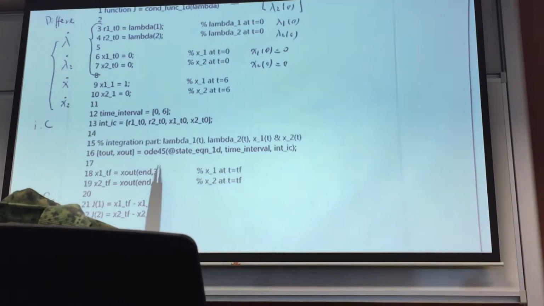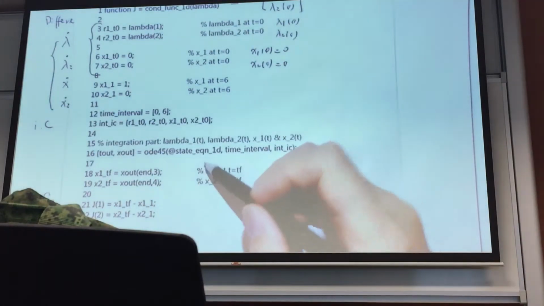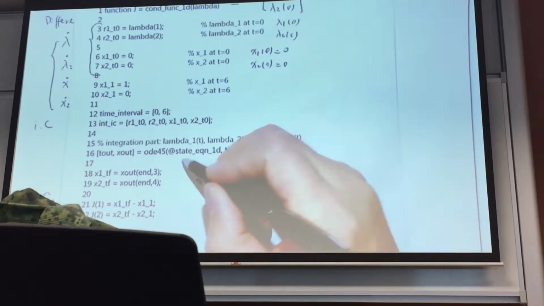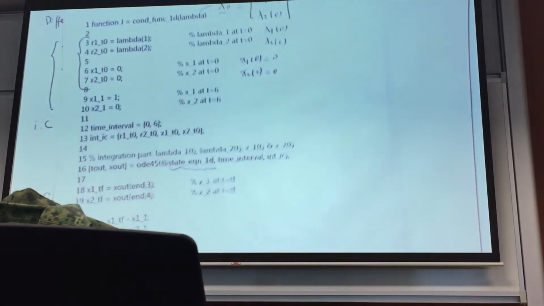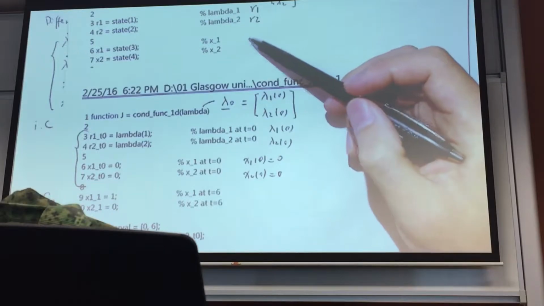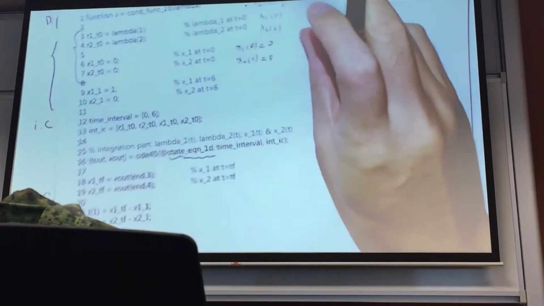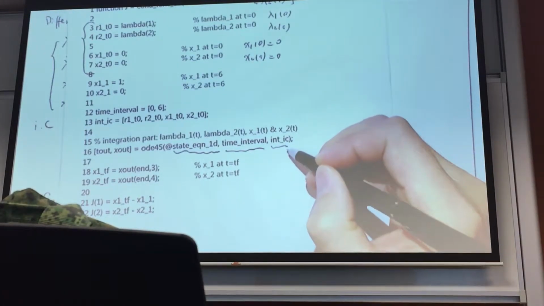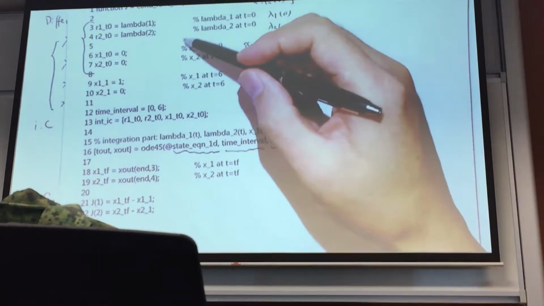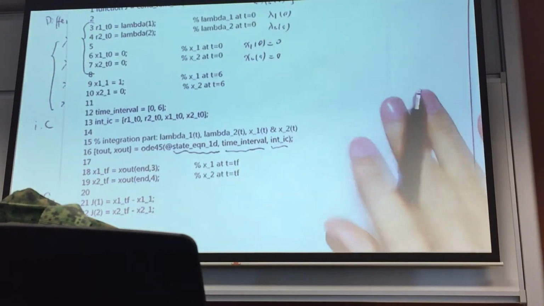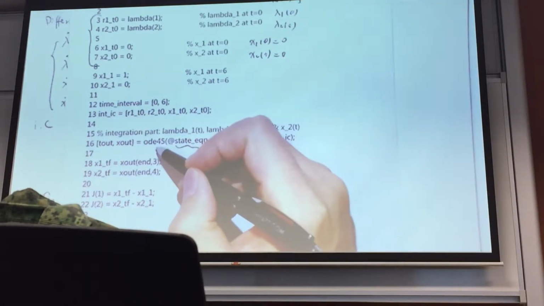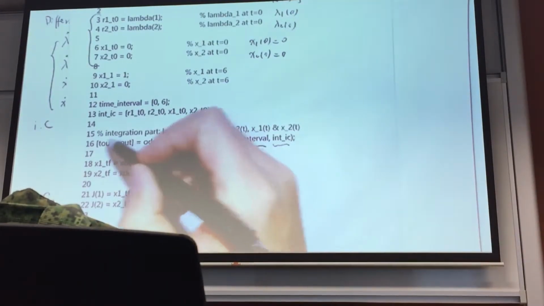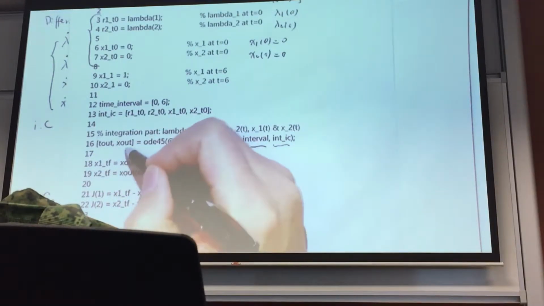So we use ODE45: this part is the equation that I defined here, this is the time interval, and these are the initial conditions. MATLAB will help you solve the differential equation numerically and get all the results here.